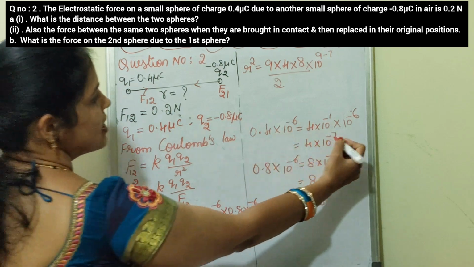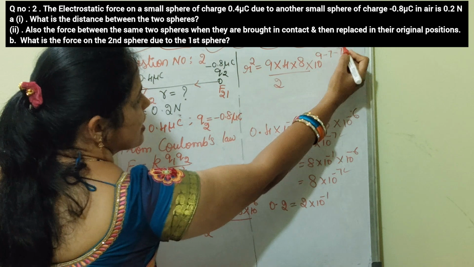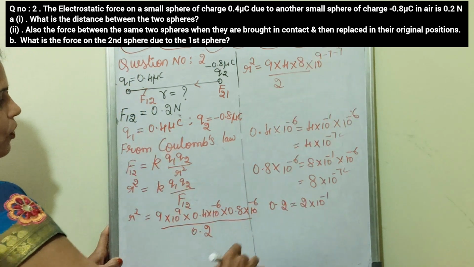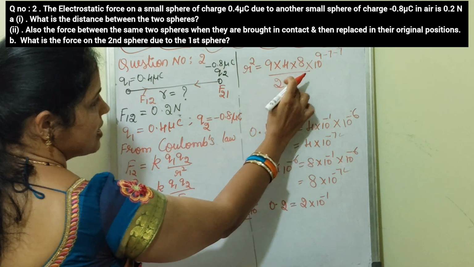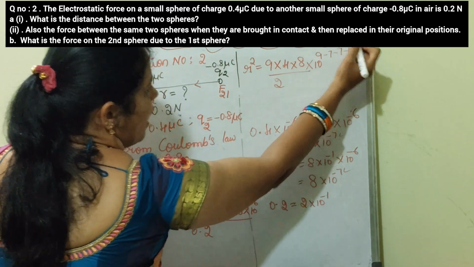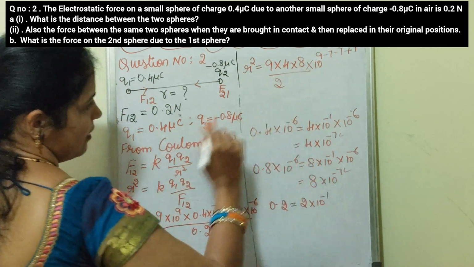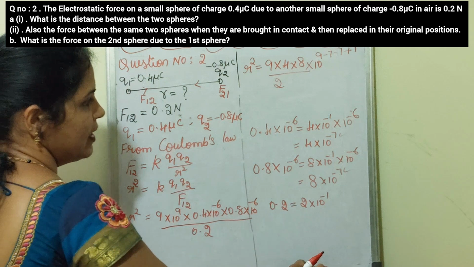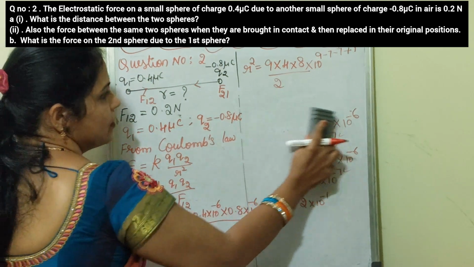One is minus 7, next one is another minus 7. And one more is this minus 1. It was already in the denominator; when I write it in the numerator, it becomes plus 1. Is it clear? Please note down all this. I'll rub this now.